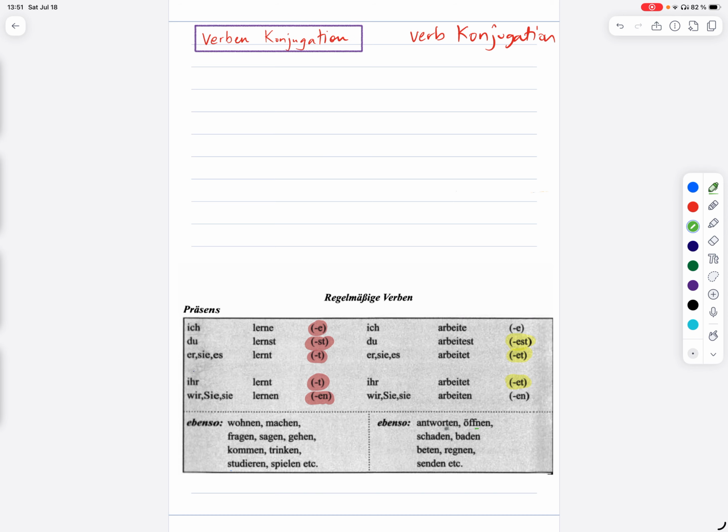So öffnen is when you have ending with n also. Then schaden, baden, beten, regnen, senden. So we have a T ending, D ending, and N ending. But most of the verbs you will encounter use T and D. N are not that many, but yeah, the rule still remains the same.